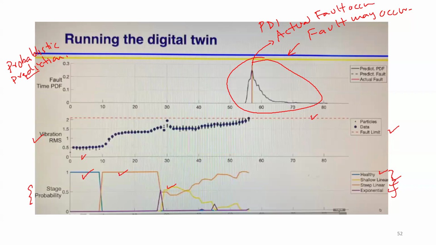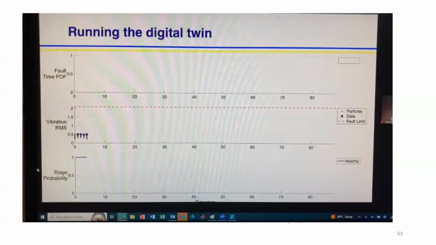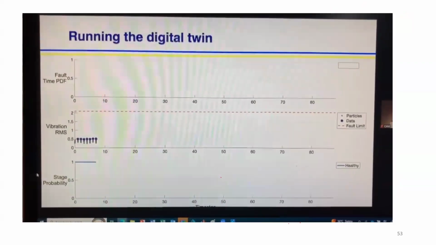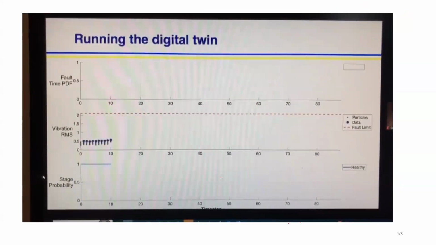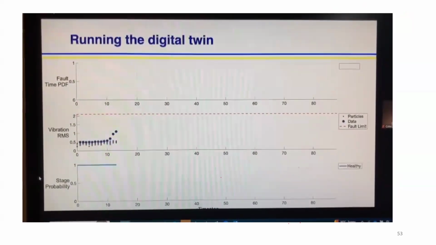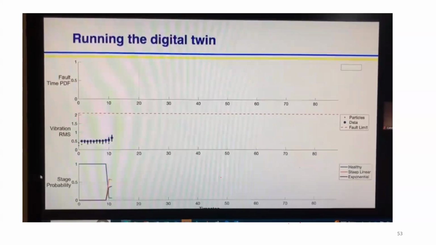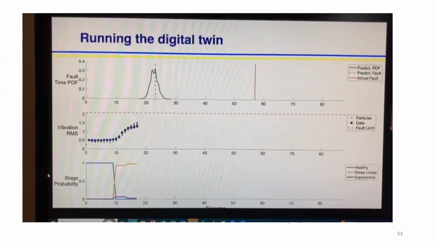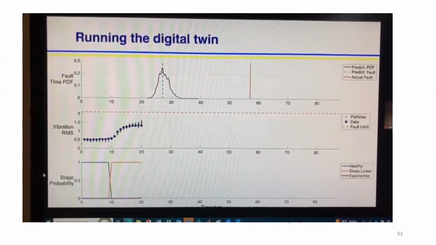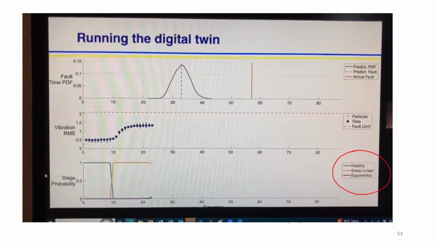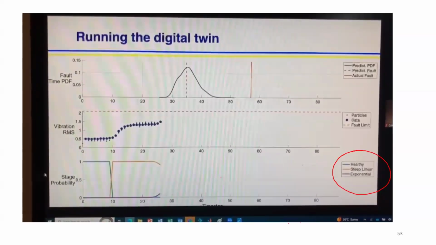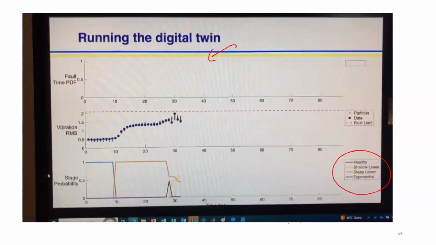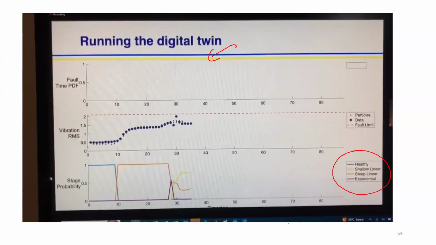All right, let me run it. Now you see here, we can see that it is in the healthy data stage. And now it is moving towards unhealthy, and as it is in this steep or exponential model area, we also see that the fault line was changing.